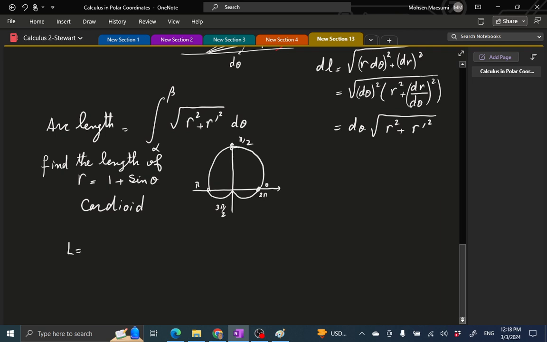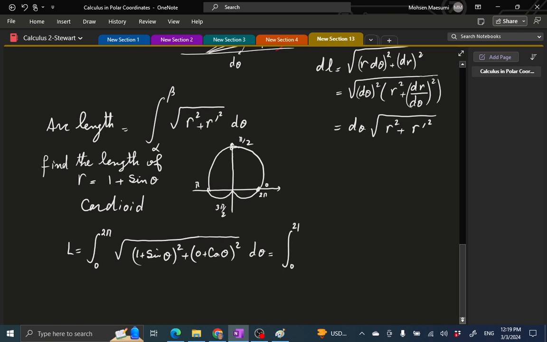So L is the integral. We want to go all around, so we really want 0 to 2 pi. And then the integral of the square root of r squared, where r itself is 1 plus sine theta. How about r prime? Well, the derivative of 1 is 0, the derivative of sine is cosine. R prime is this. And then I have to integrate.